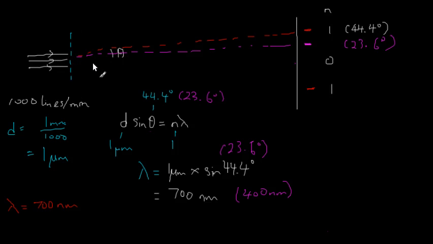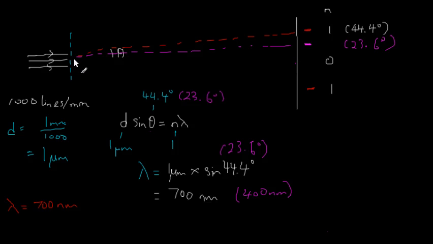So what do I expect to see? Well, we know that sunlight is made up of all the different colors between violet and red. But whatever the color, whatever the wavelength, the light would always have a central fringe at n equal to 0.